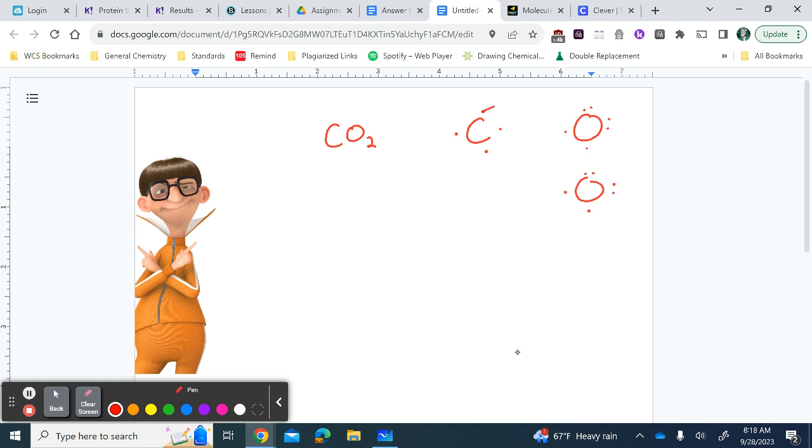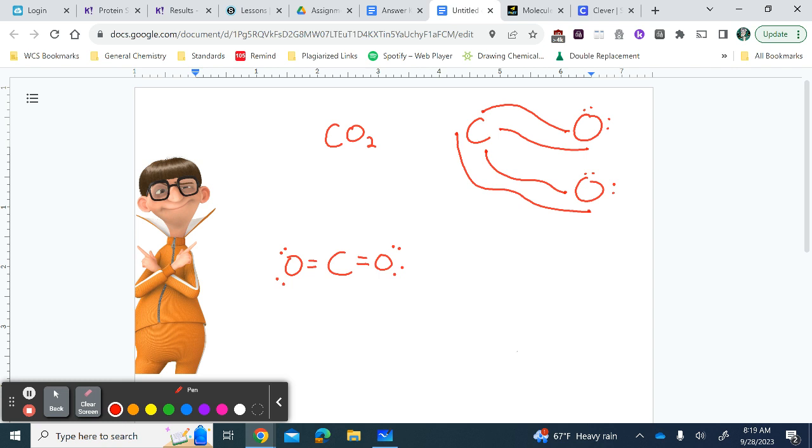When we do this bond with our unpaired electrons, we find that we're going to have a double bond formed between our carbon and our oxygen. And our carbon atom is going to have 0 unpaired electrons around it, and it's also going to have 0 lone pairs of electrons around it.